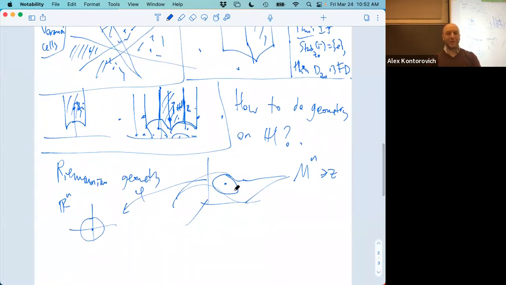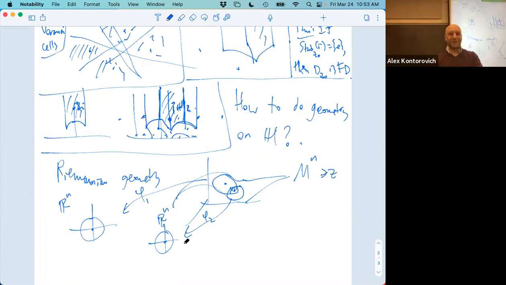If I have a nearby point, which also has an open ball, now I have two maps to Rn, phi1 and phi2. Depending on whether you want topological, differentiable or smooth manifolds, you can impose conditions. Now you have a map from Rn to Rn by precomposing on the intersection.